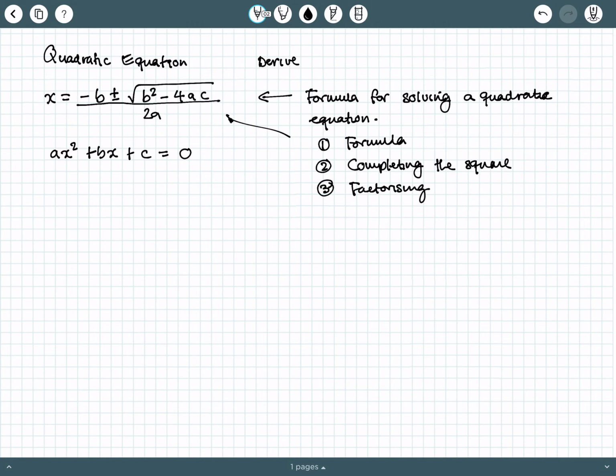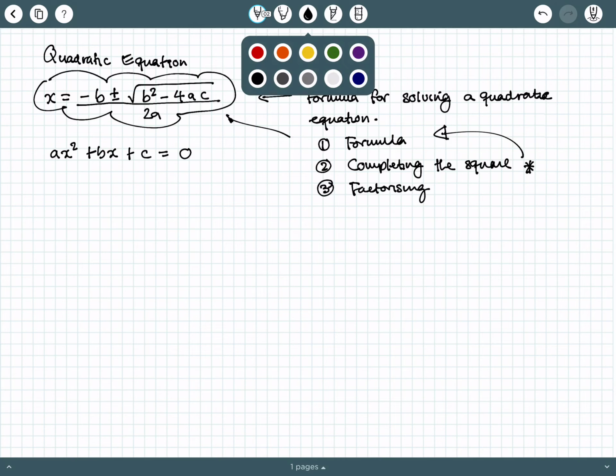So basically, I'm going to use completing the square to derive the formula which we use, which is that formula there. Okay, so this is how we start.